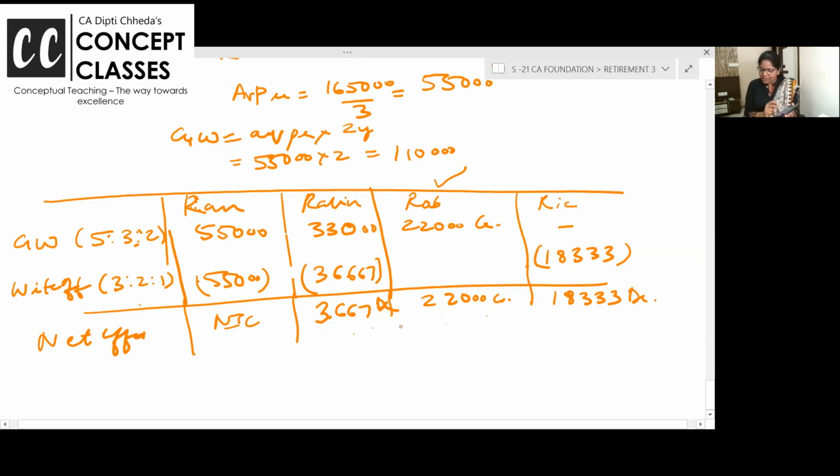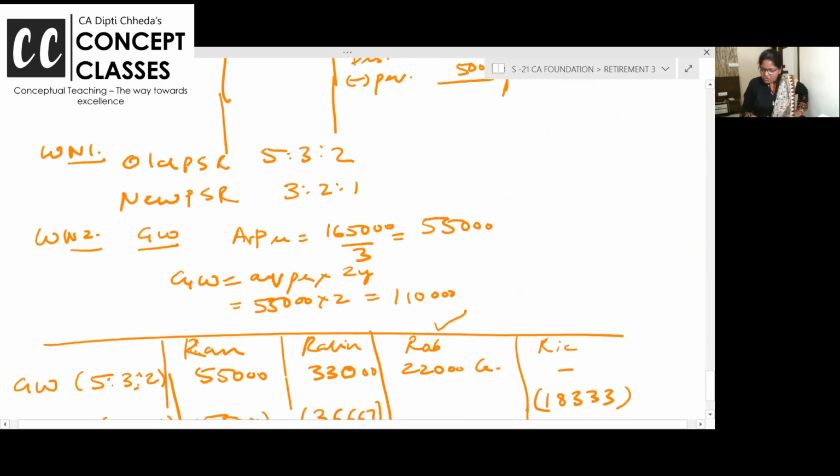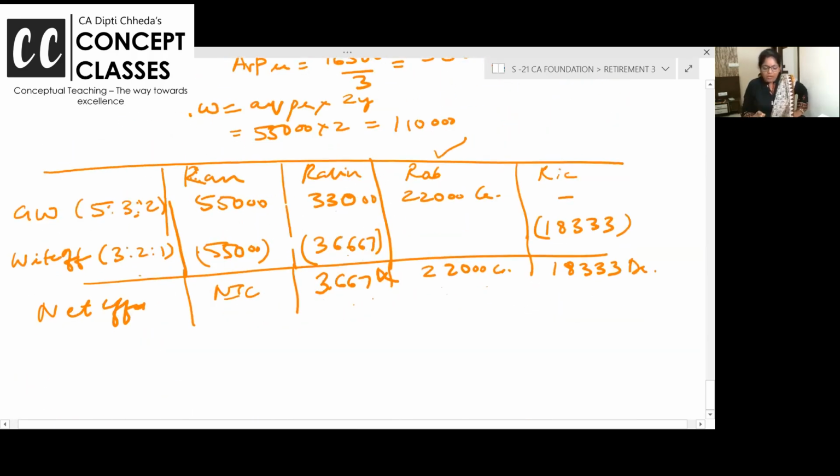Total it and see. 18,333 debit plus 3,667 debit is 22,000. Now it's coming correct. This 33 and 36, so it is 3,667. I'm waiting. All of you go to your working note and do the correction for goodwill, please.